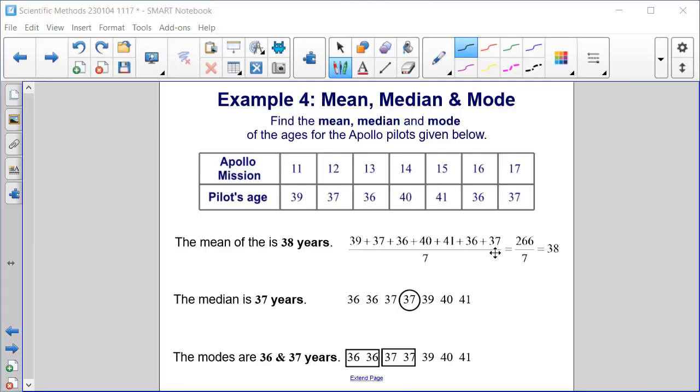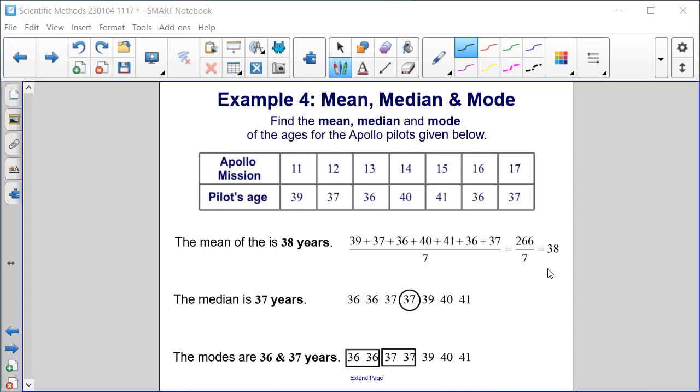So the mean, we just add each of the ages up. So 39, 37, 36, 40, 41, 36, 37, just add all of those. We get 266. Divide by the total number of pilots. So 1, 2, 3, 4, 5, 6, 7. And we get a mean of 38 years.